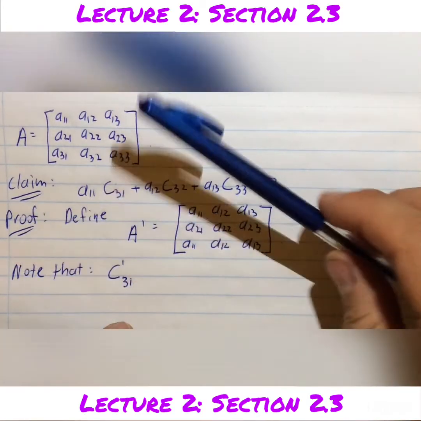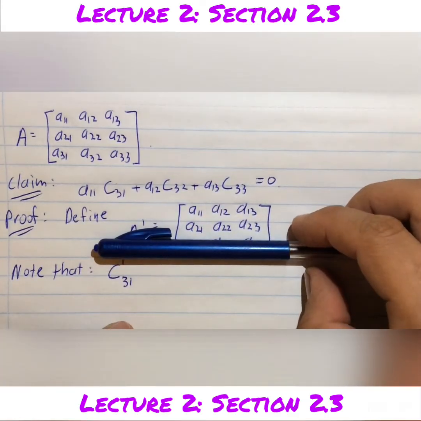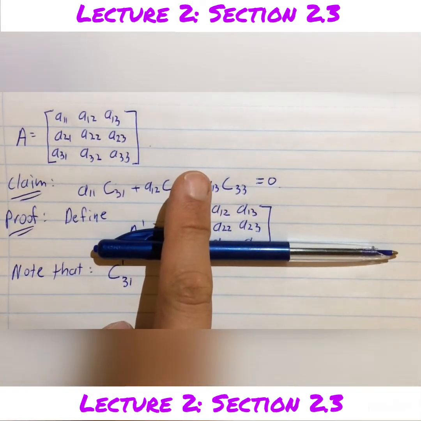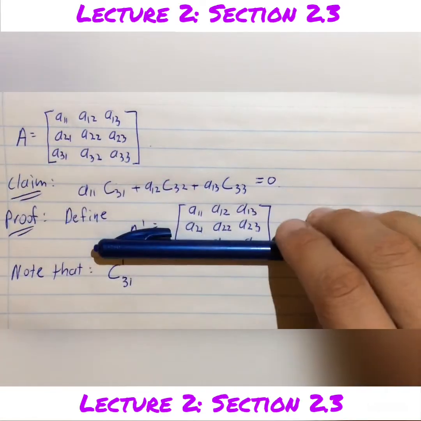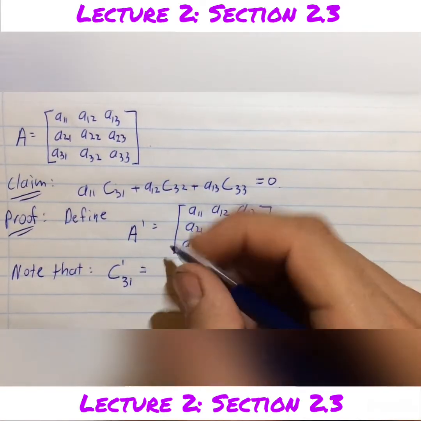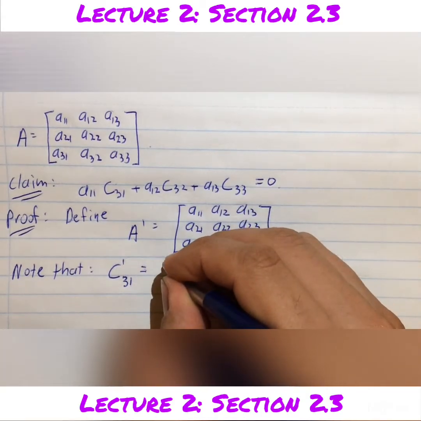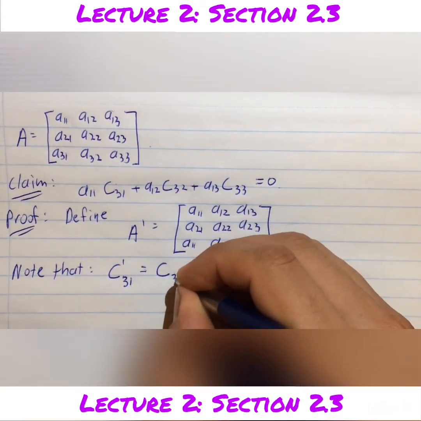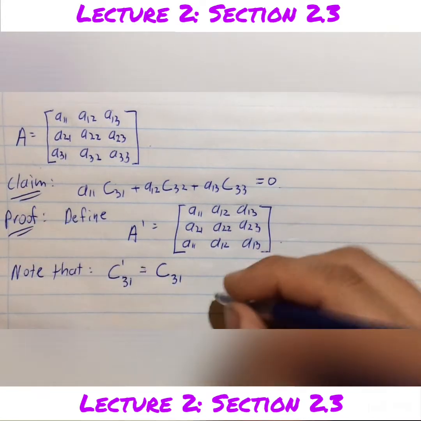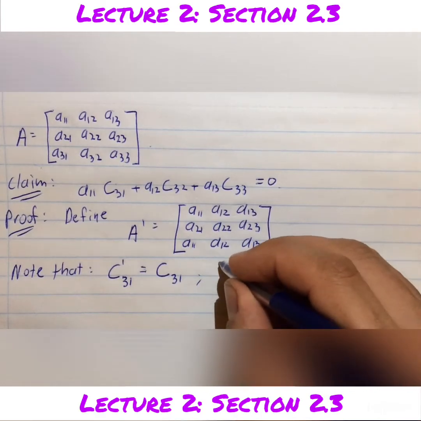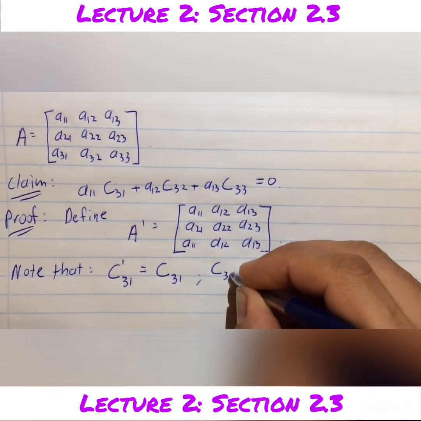Cancelling the third row and first column of A prime is the same as cancelling the first row and the first column of the matrix A. Therefore these two cofactors will be the same. This is the cofactor of the entry in the third row in the first column of the matrix A.